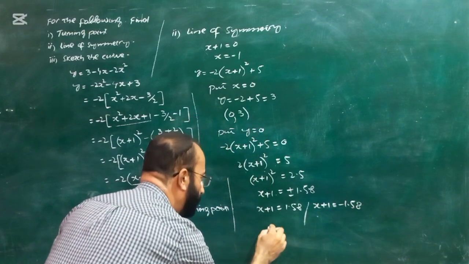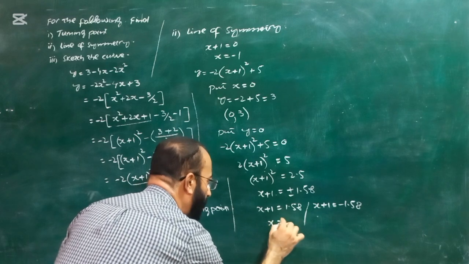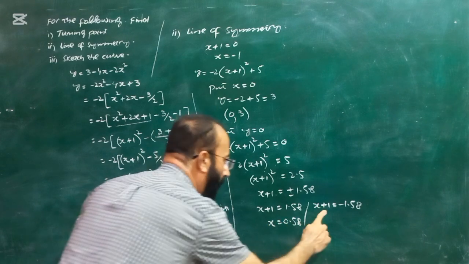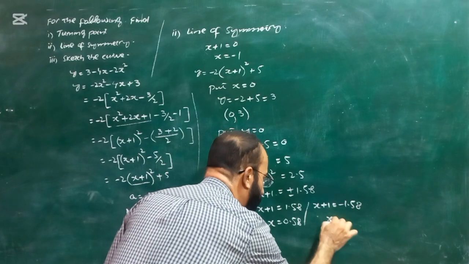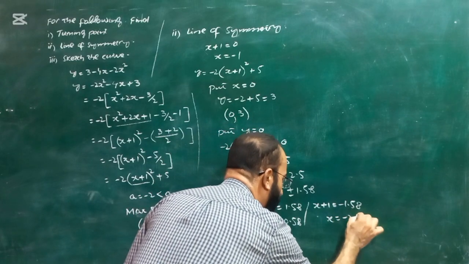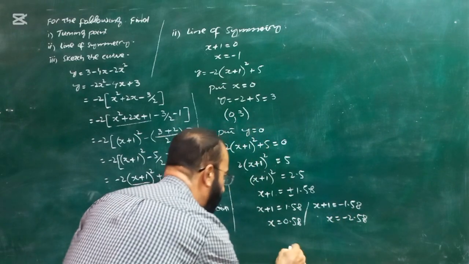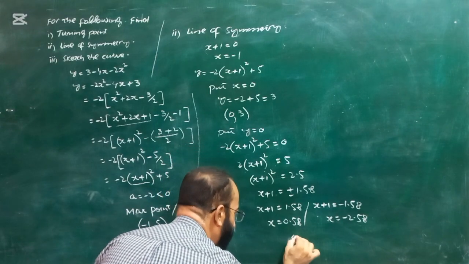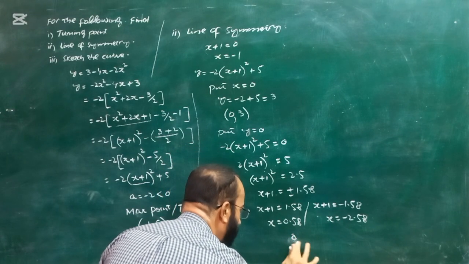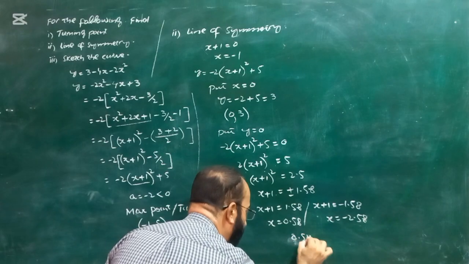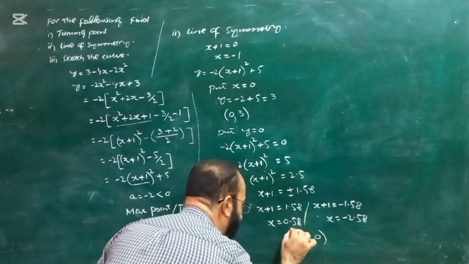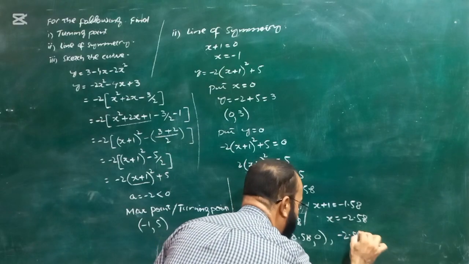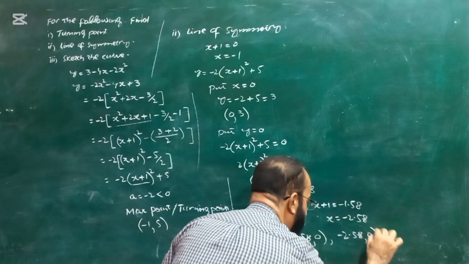So from here x will be equal to 0.58 and from here it will be equal to minus 2.58. So the points will be 0.58 and 0, and the second point will be minus 2.58 and 0.